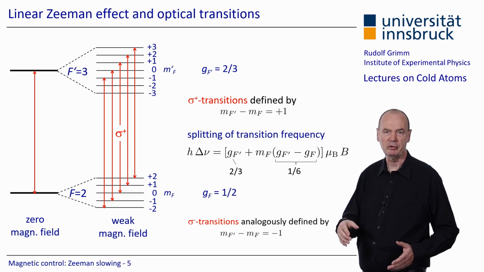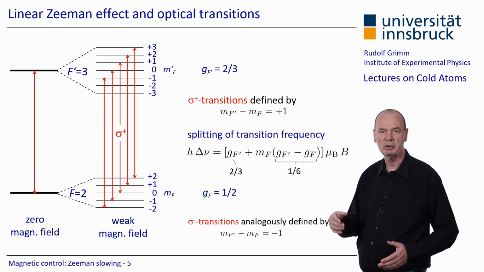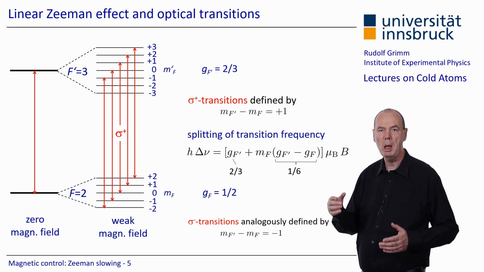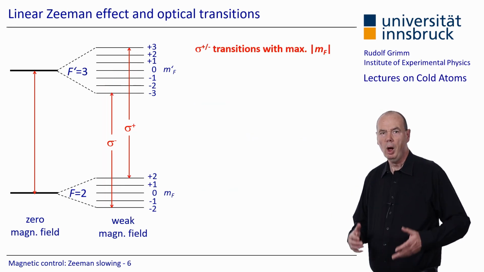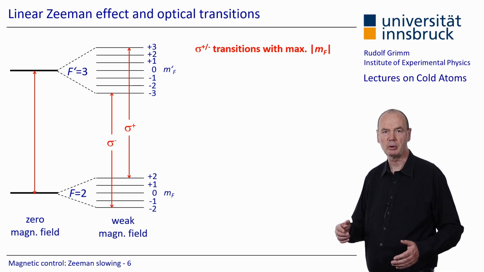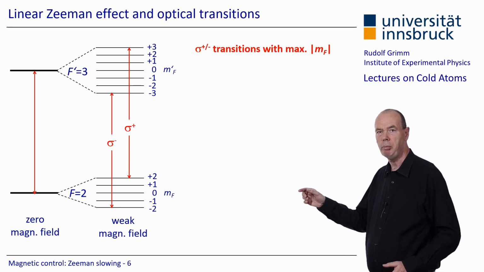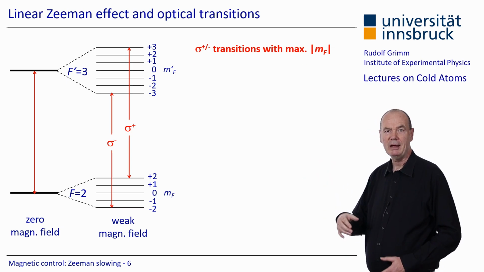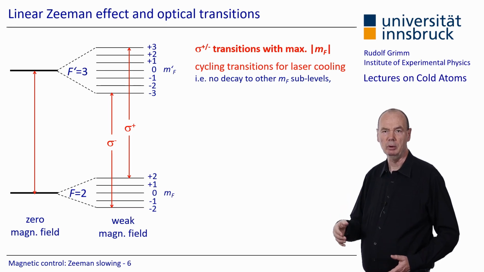Sigma minus transitions can be understood analogously with the magnetic quantum number changing by -1. Of particular interest are the sigma plus and minus transitions that connect states of maximum possible m. They are great cycling transitions for laser cooling.